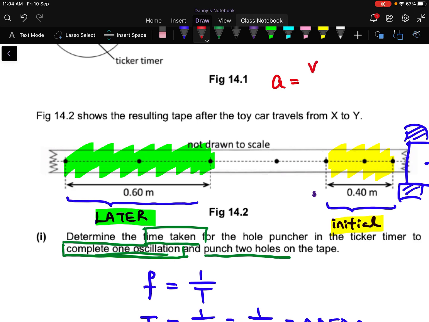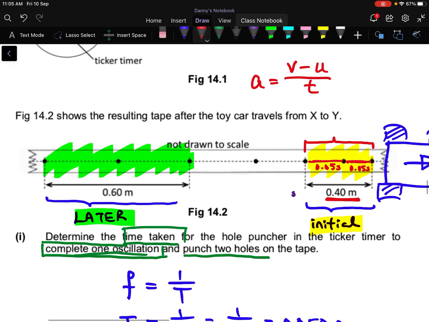Now I need to find acceleration, and we all know that acceleration is given by final velocity minus initial velocity over a period of time, right? Using this information here, I know the distance, and of course I know the time, because for the car to make this bit of journey, the distance, it takes 0.05 seconds. And to travel this, it is another 0.05 seconds.